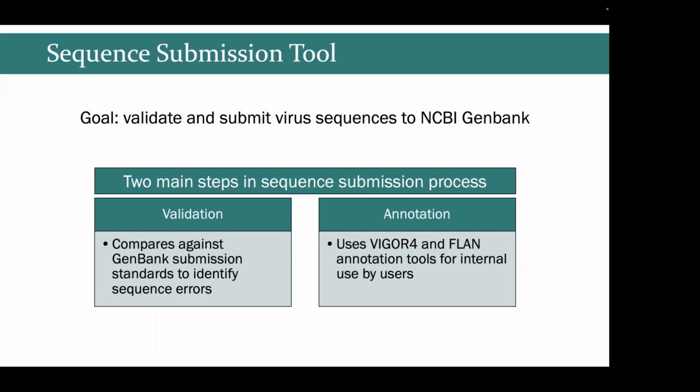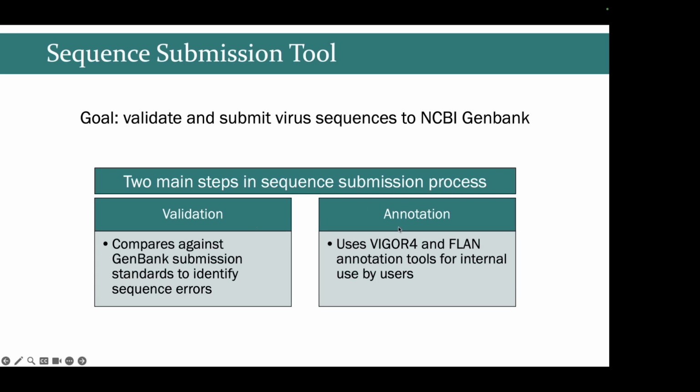And unlike other BV-BRC services, this one has some validation with us to make sure that the sequences are ready to be submitted. If there are any issues, then we'll come back to you with those issues so that there will not be any issues when they're actually submitted to GenBank.